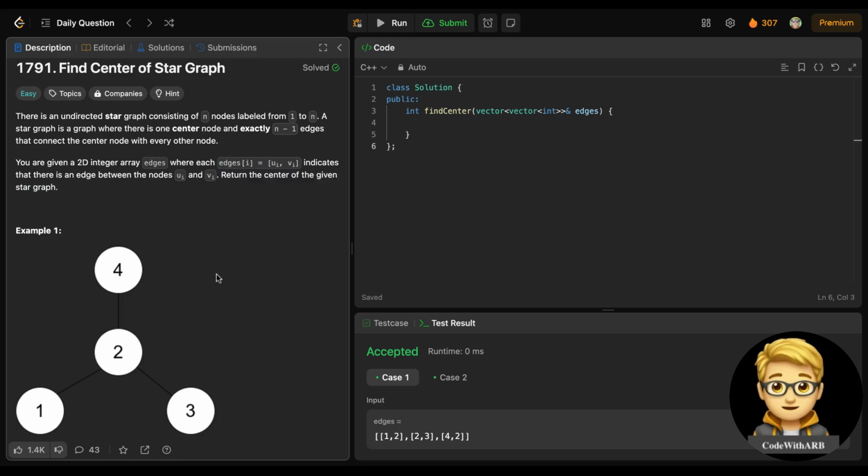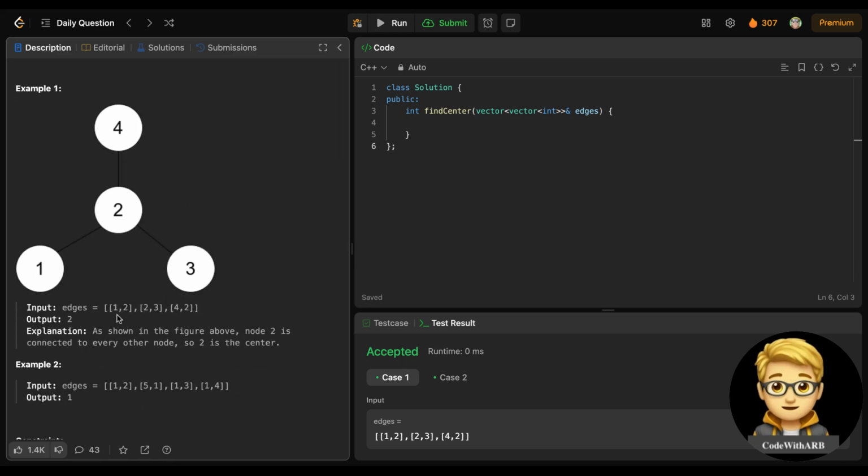In this example, edges are given from 1 to 2, so there is an edge between 1 and 2. 2 and 3 is a given edge, and 4 and 2 also has an edge. So the question is to just return the center of the graph, right?